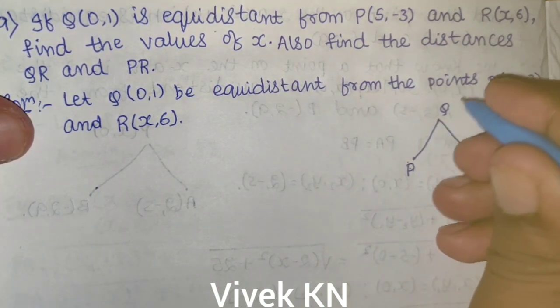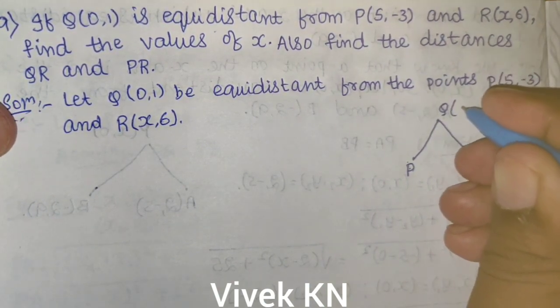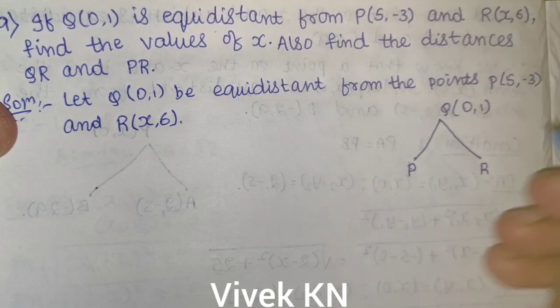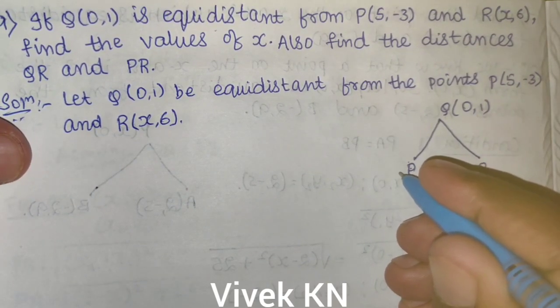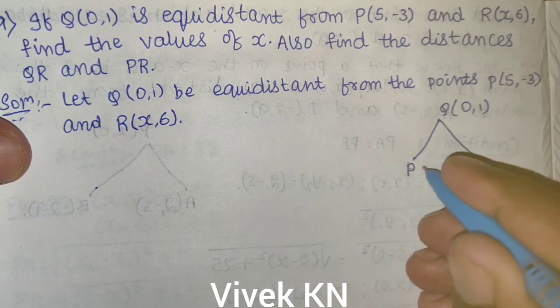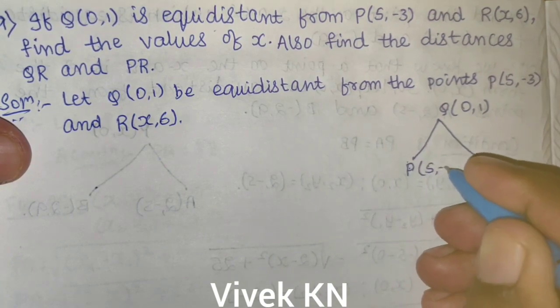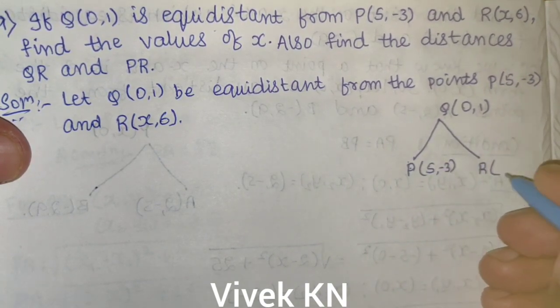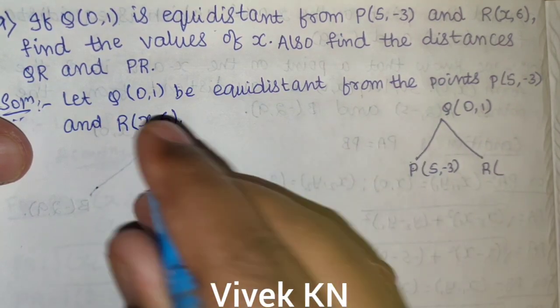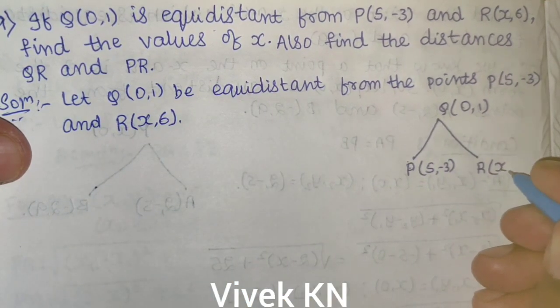So, the coordinates of point Q are 0, 1. The coordinates of point P are 5, minus 3. The coordinates of point R is x, 6.